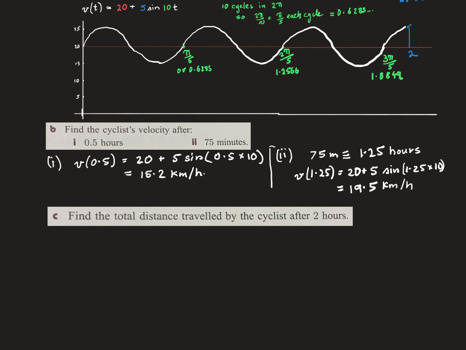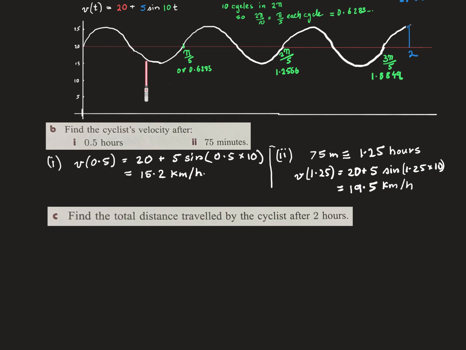And to find the total distance traveled by the cyclist after 2 hours, it's quite interesting. Have a look at the graph, and notice that this graph has a sine function, and that whatever time we put inside our velocity function, on the horizontal axis, we will always get a positive number.